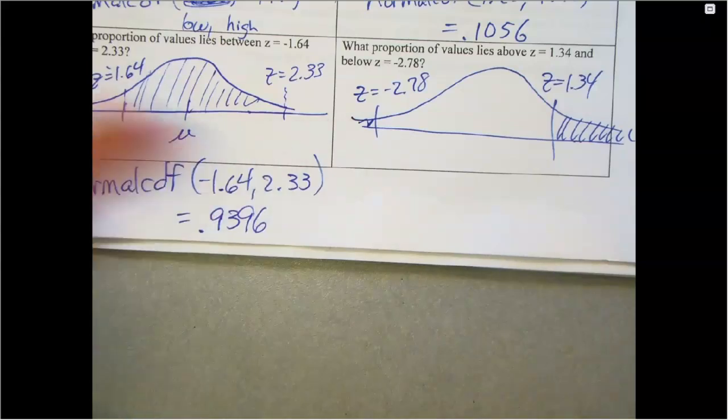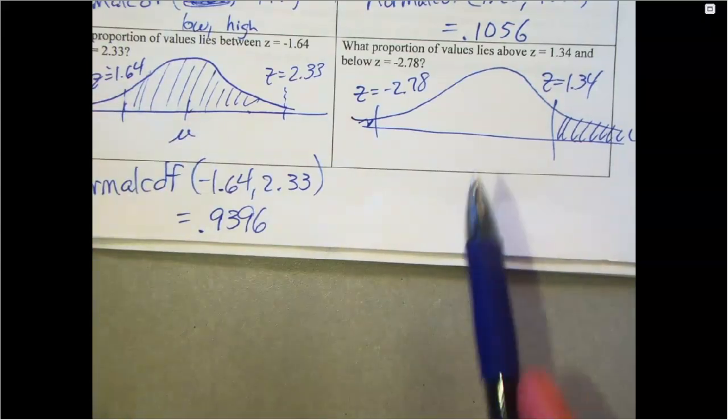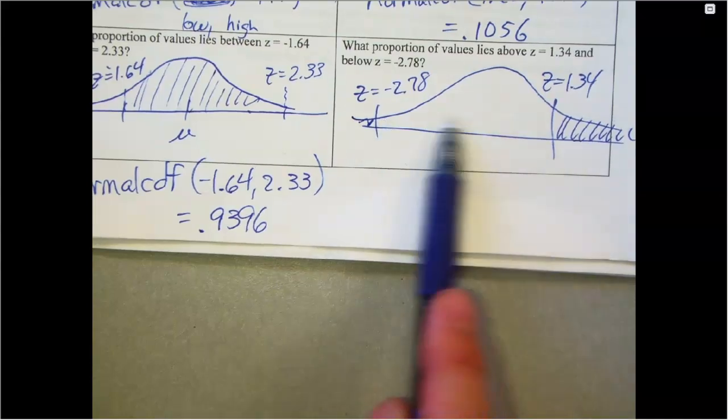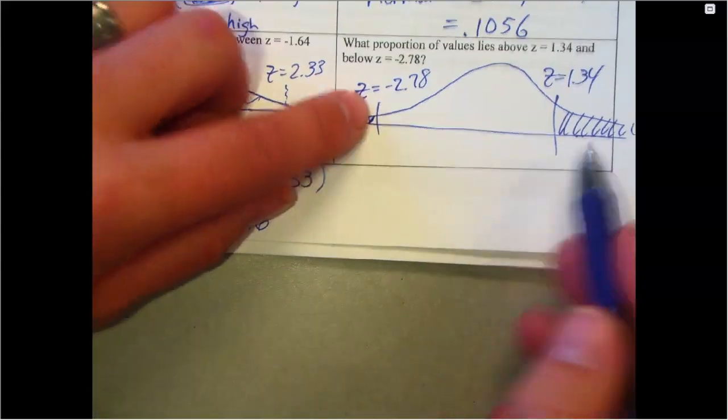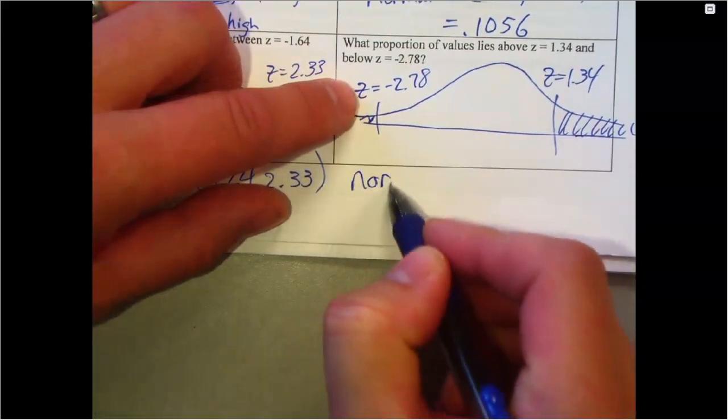Is there another way I can do it? Sanders, can you tell me? It's you find what the answer would be between the two and then take 100 minus that. Yeah, so you can do either, whichever makes sense.